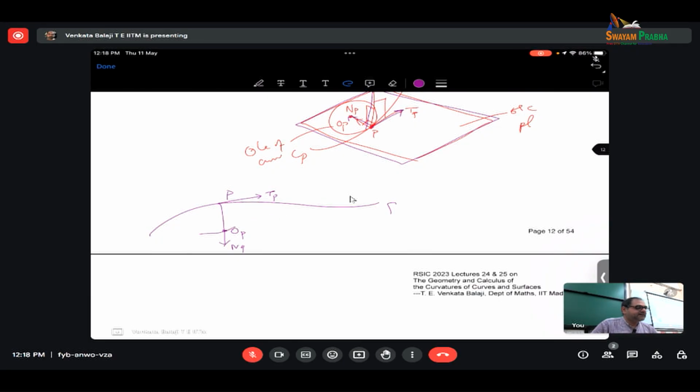As you change the point P, the centers of curvature will trace another curve. This centers of curvature will trace a locus. This is the locus of center of curvatures. This is what is called the evolute of the curve.